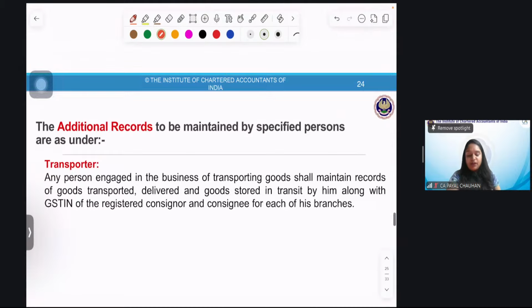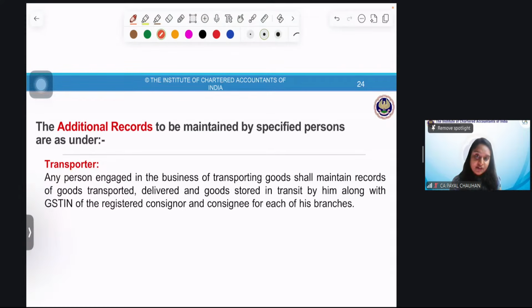Now, for a transporter, any person engaged in the business of transportation of goods shall maintain records of goods transported, delivered, or goods stored in transit by him, along with the GSTN of registered consignee for each of his branches. But of course, if I'm a transporter, my duty is to transport the goods and if I am registered, I'll have my GSTN.